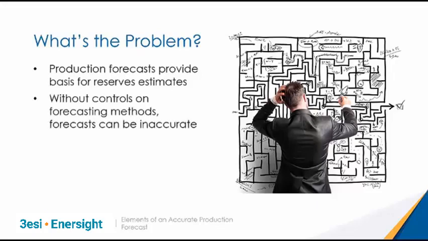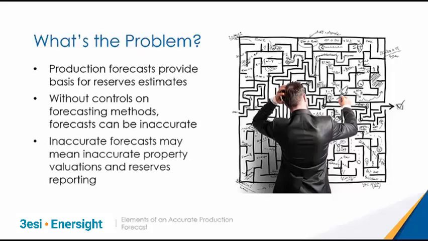And unless we have some controls on our forecasting methods, those forecasts can be inaccurate, and that means inaccurate reserves, inaccurate year-by-year production for economic analysis, and that's going to lead to inaccurate property valuations and reserves reporting. So there's a strong reason to say we need to try to find forecasting methods that are as accurate as we can.